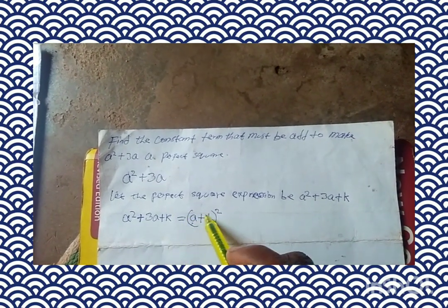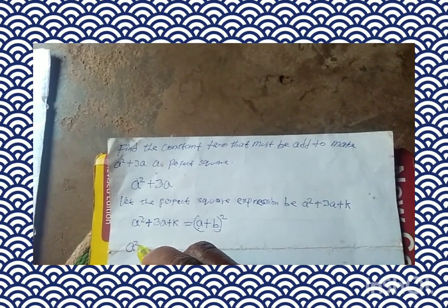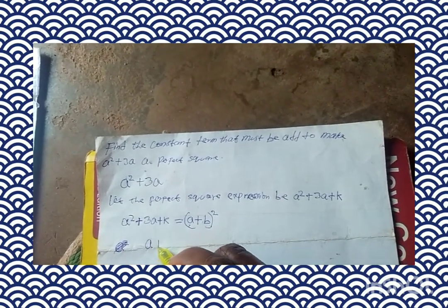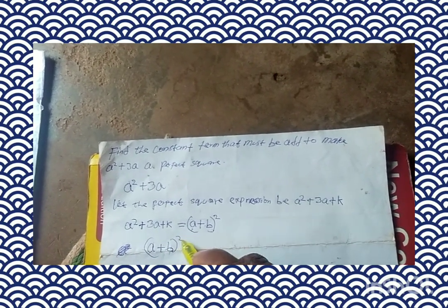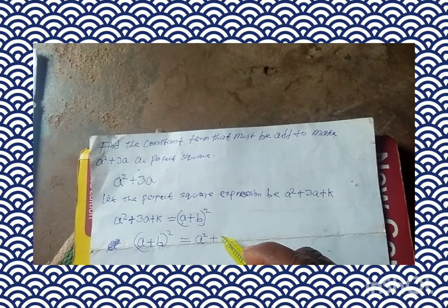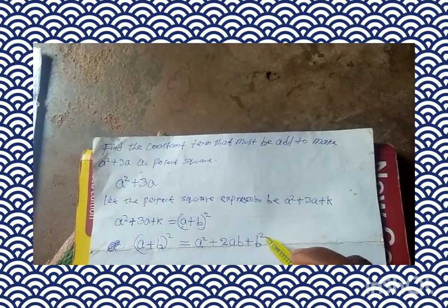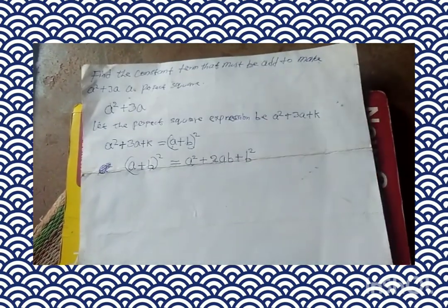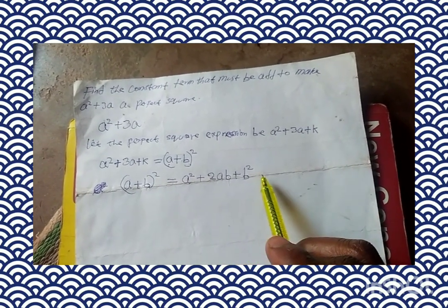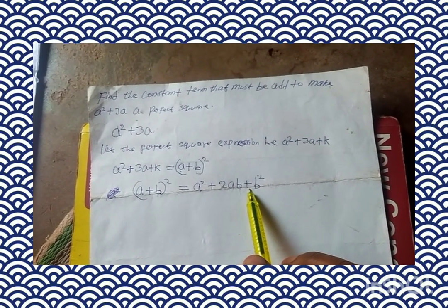Now, if you expand a plus b squared, it will give us a squared plus 2ab plus b squared.